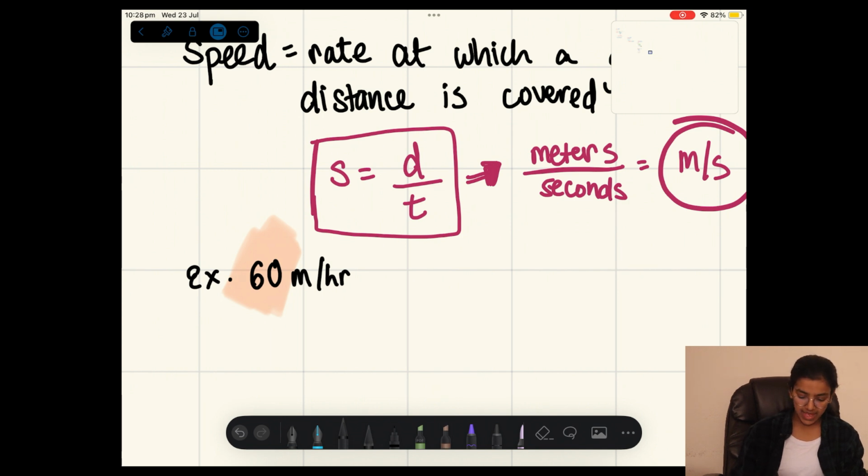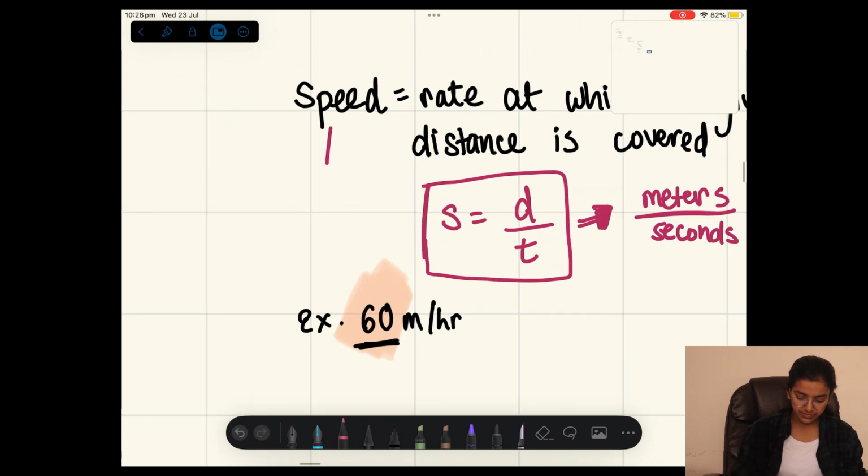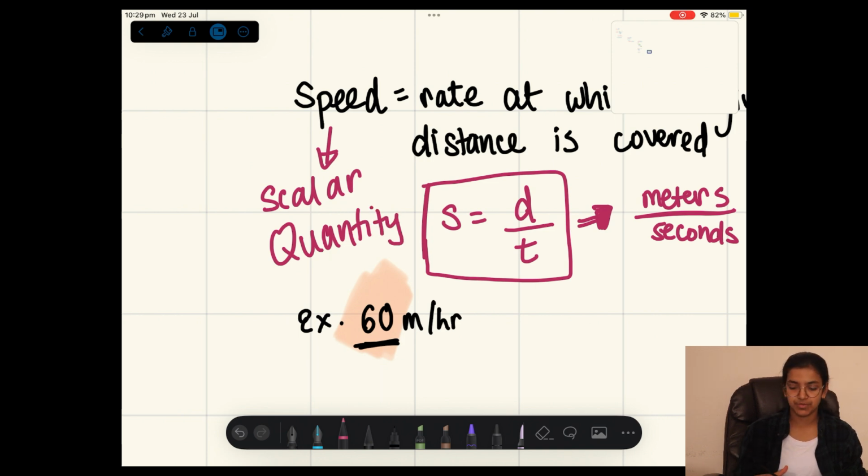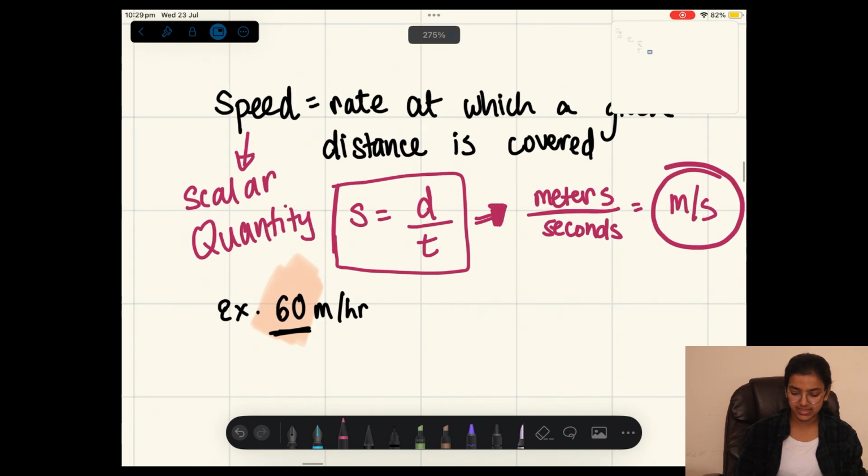So the speed actually only gives us the magnitude as in the numerical value. And from our previous video, we know that any quantity that gives us just a numerical value is a scalar quantity, okay? Therefore, speed is a scalar quantity, okay? Fairly easy, fairly simple. We all know about this, okay?